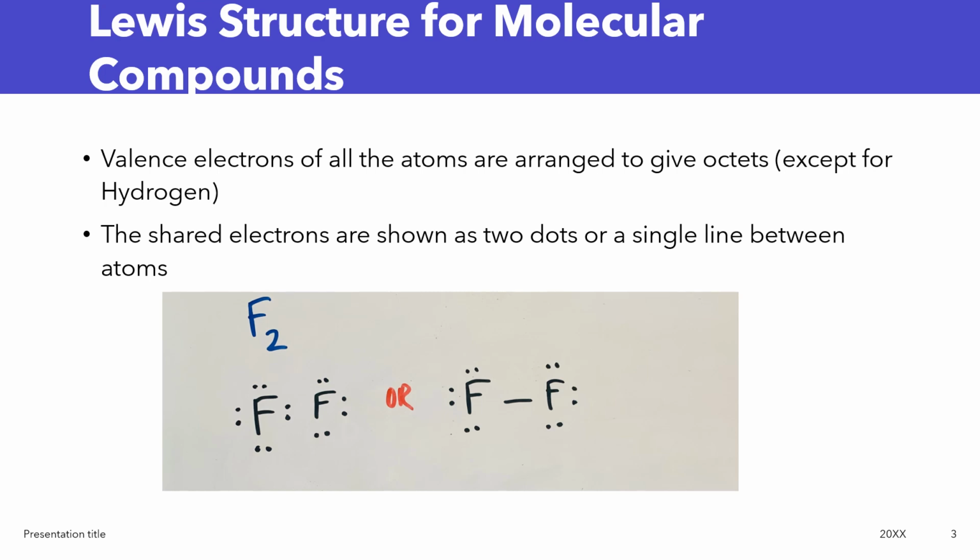Each of the fluorine atoms can achieve an octet by sharing its unpaired valence electron. On the left-hand side, the shared valence electrons are shown as 2 dots, and on the right-hand side, the shared electrons are shown as a single line.